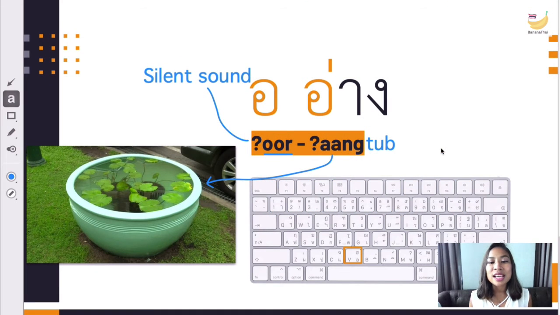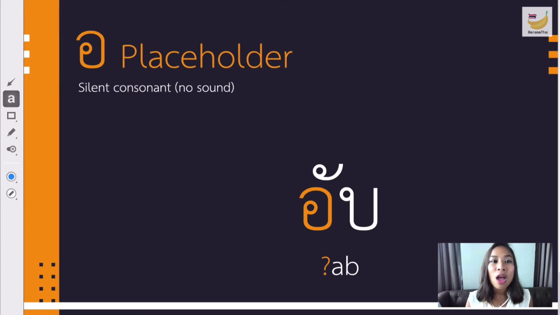And you will see ออ่าง a lot. ออ่าง is a placeholder, or silent consonant, in which there is no sound.